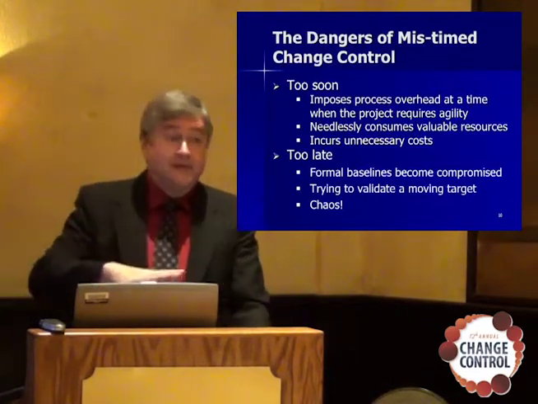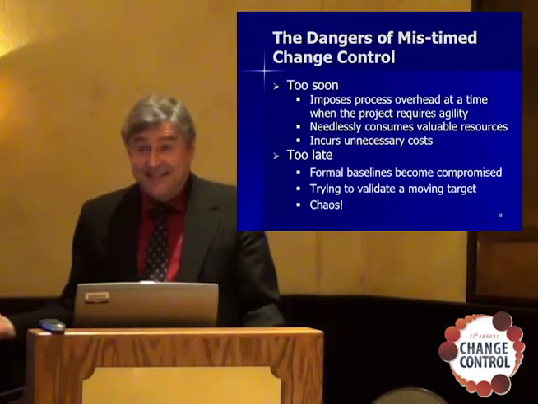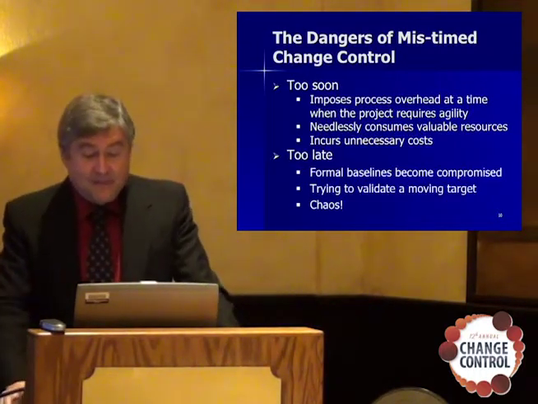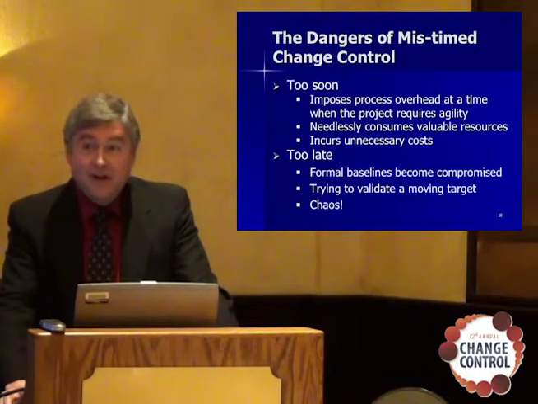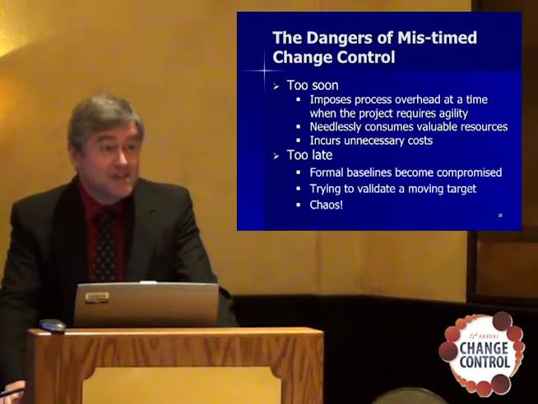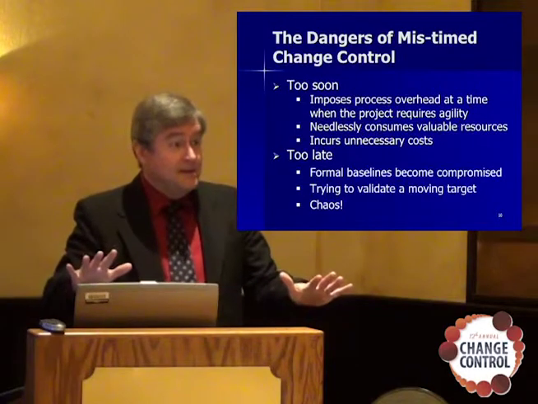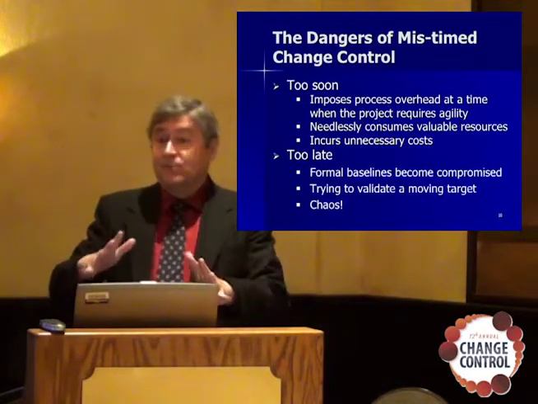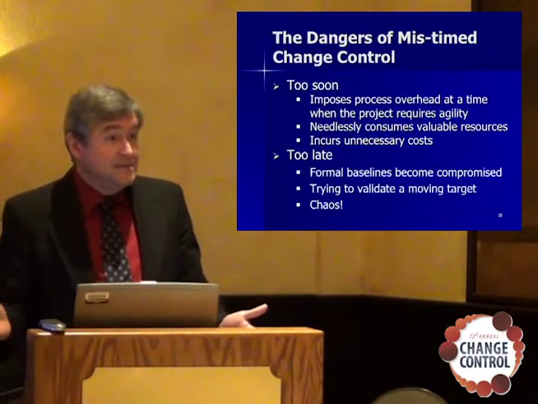But on the other hand, there are some dangers of doing change control too late in a process. Formal baselines become compromised because you're not controlling changes to them. When you establish a formal baseline, a baseline being a starting point for something, for a document, it might be revision A, or version 1 of the document might be a baseline.